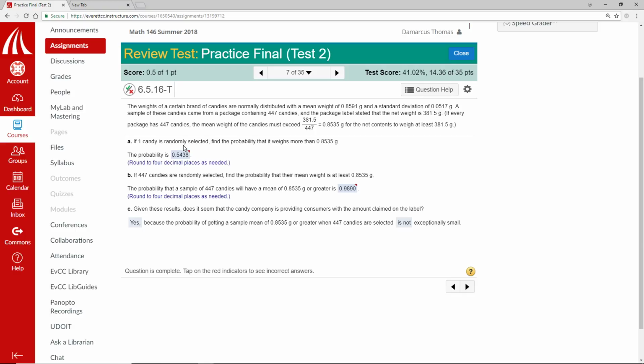If one candy is randomly selected, find the probability that it weighs more than 0.8535. I answered 0.5391. .98.